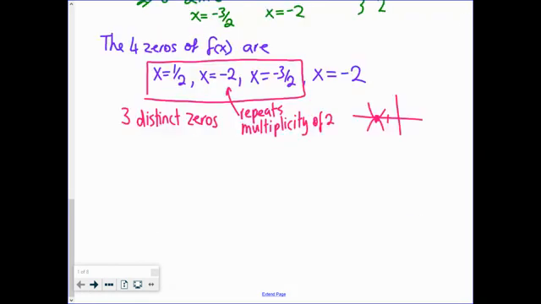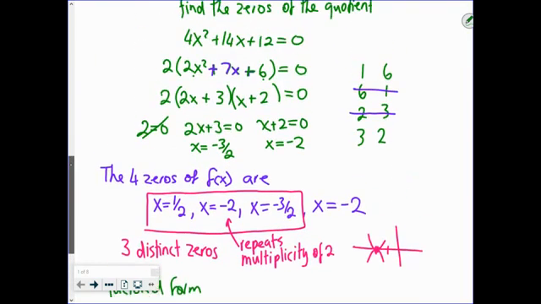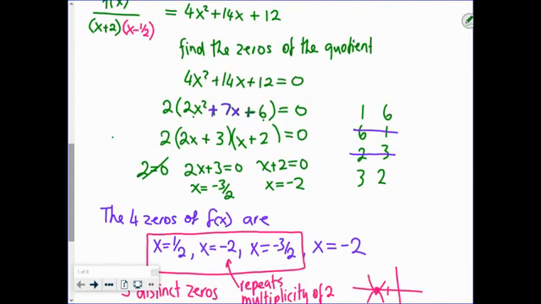Now we have to write this in factored form. So in factored form, f of x equals, okay, we've got it in factored form here after dividing out x plus 2 and x minus a half. So we need these factors, x plus 2 and x minus a half.